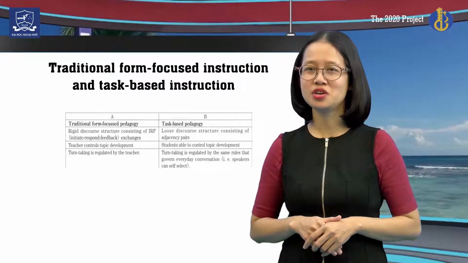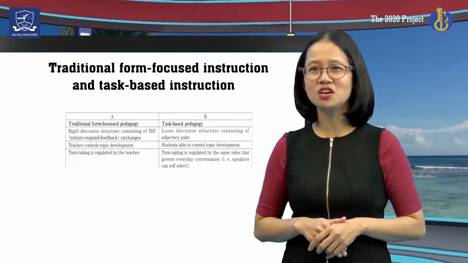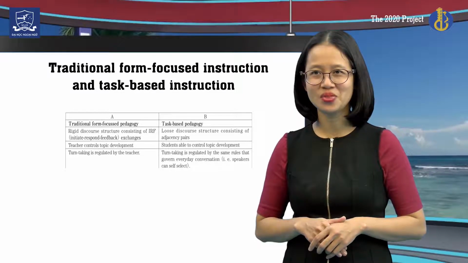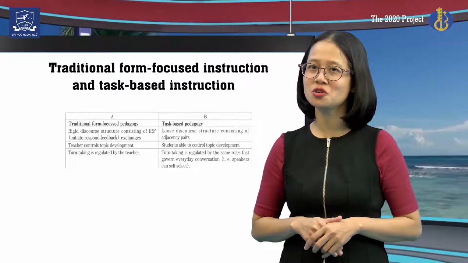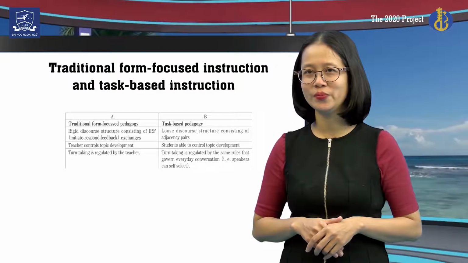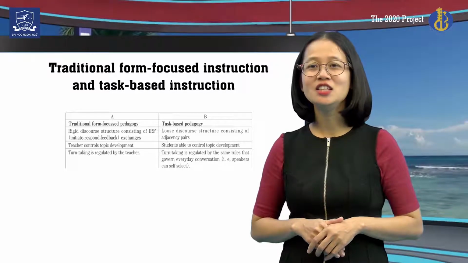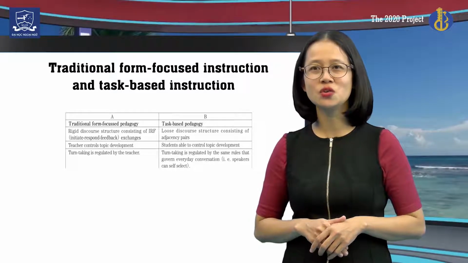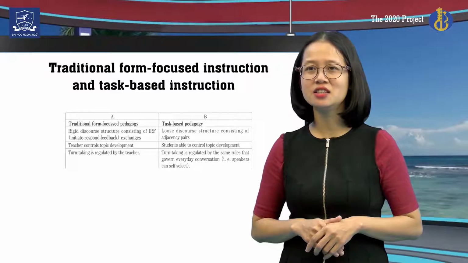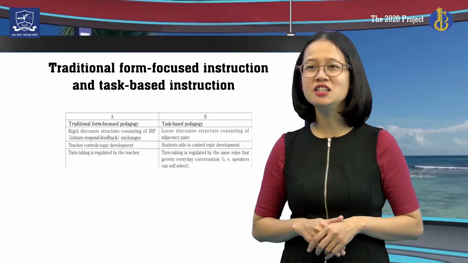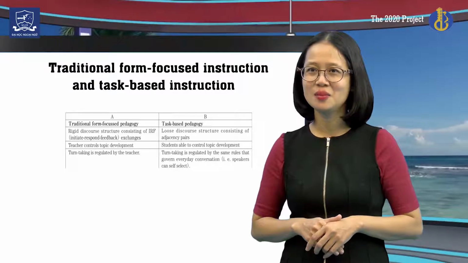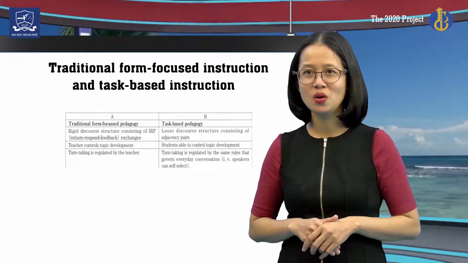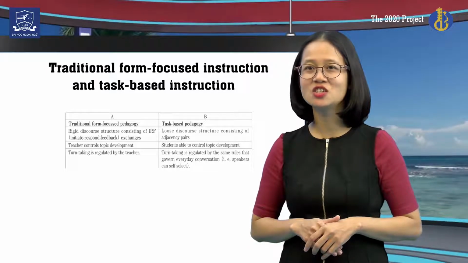Secondly, in a traditional class, the teacher controls topic development, while in a task-based class, students are able to control topic development. Thirdly, turn-taking is regulated by the teacher in the traditional classroom, whereas in the task-based classroom, turn-taking is regulated by the same rules that govern everyday conversation, which means that speakers can self-select.